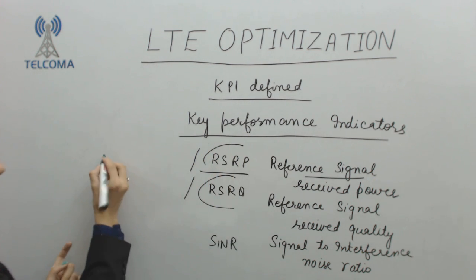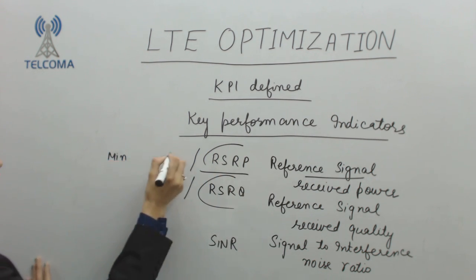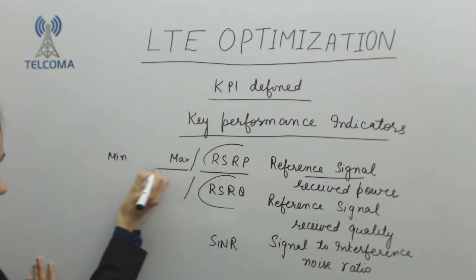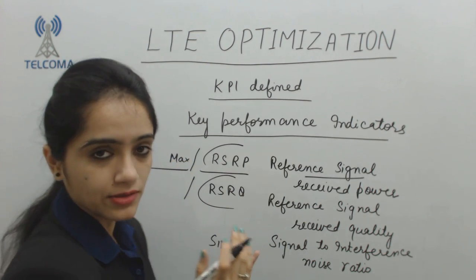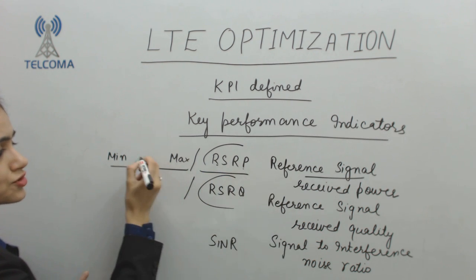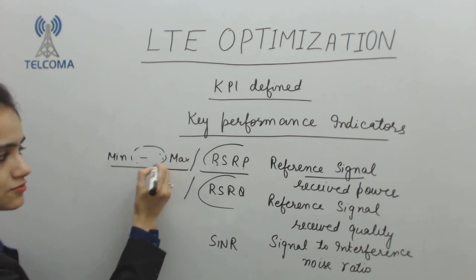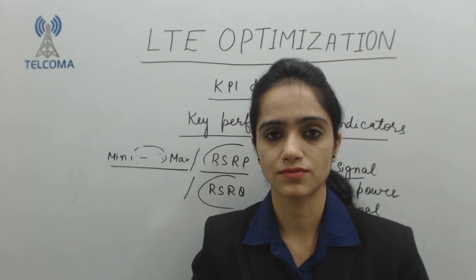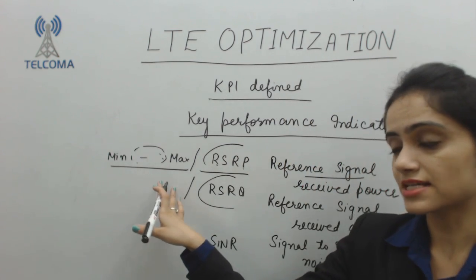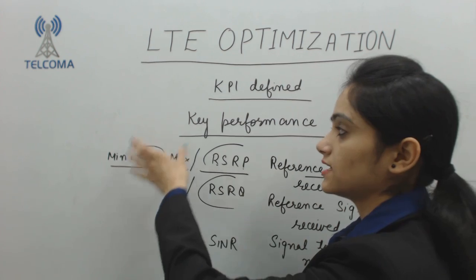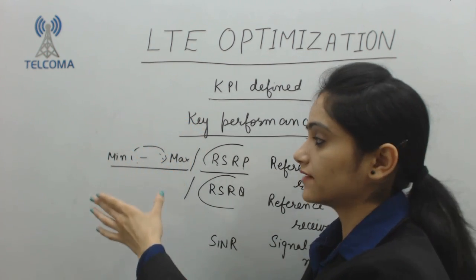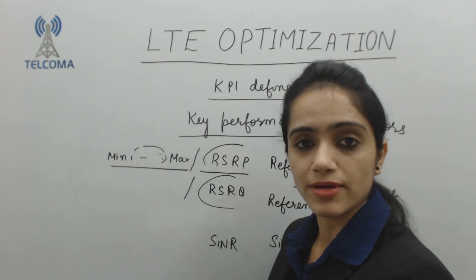For KPIs we have defined the minimum and maximum values, and my RSRP value should range between these values. These minimum and maximum values are my key performance indicators that will judge my radio network performance.